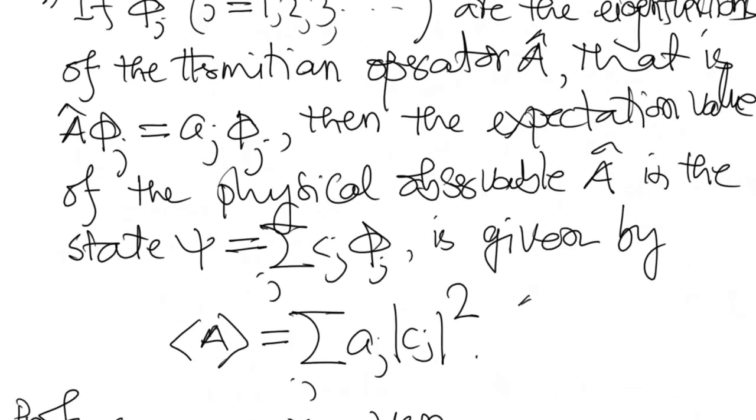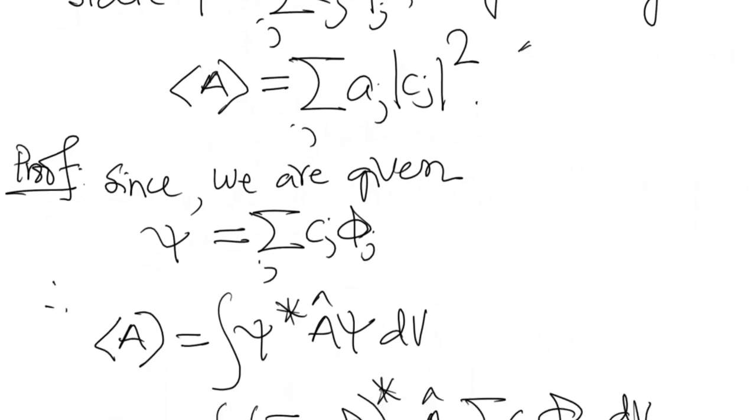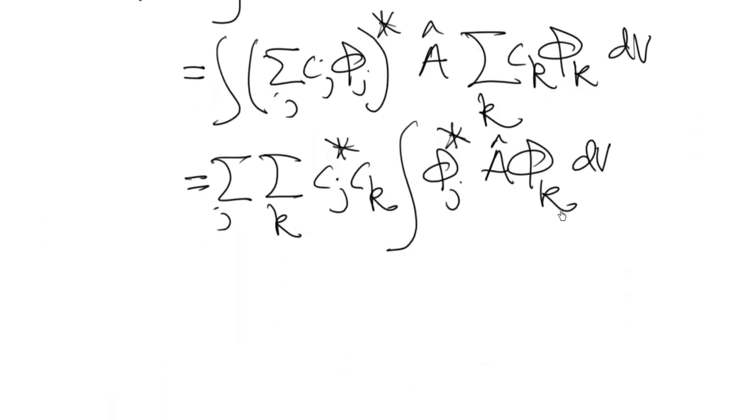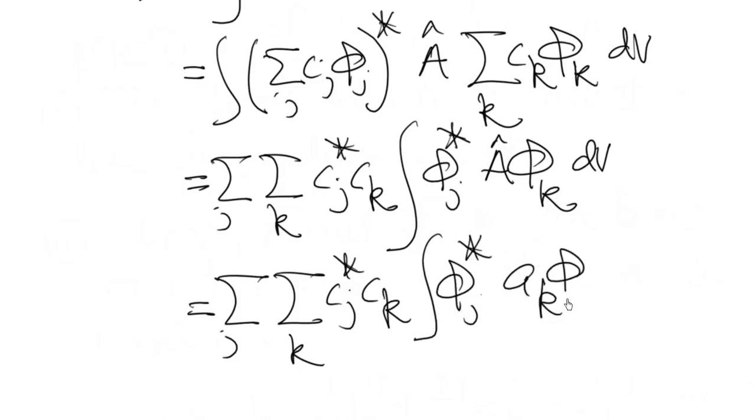Now since we have this eigenvalue equation, just instead of j we have index k here, but we can use that. And this is a_k phi k.